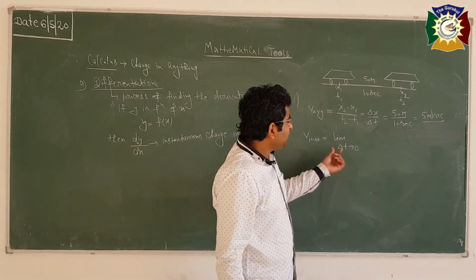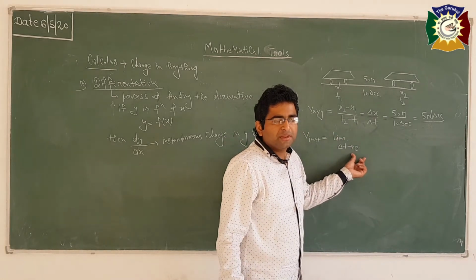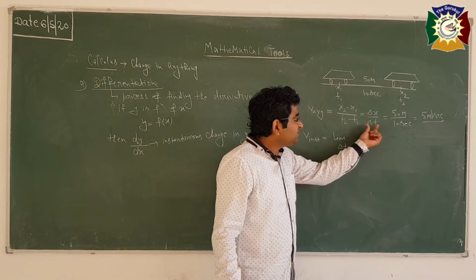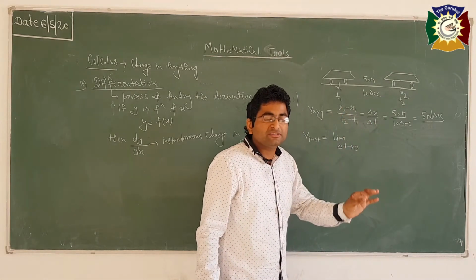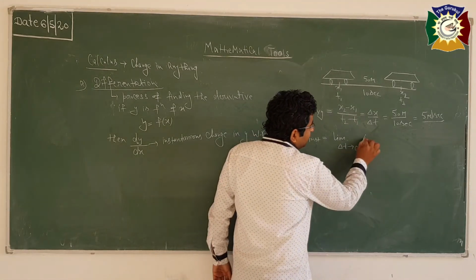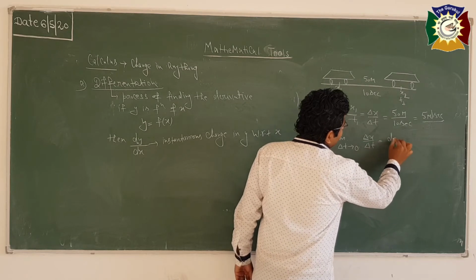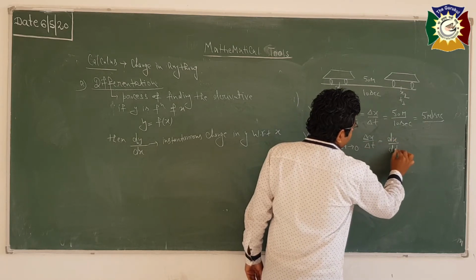One more thing, delta t is not equal to 0. Delta t approaches 0. It means this interval is very small. Delta x upon delta t, we can write it as dx upon dt.